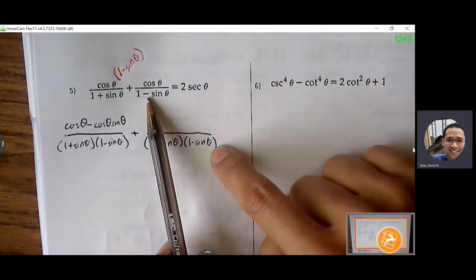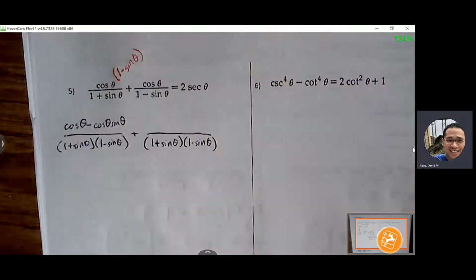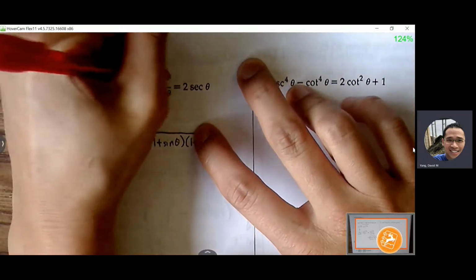This second fraction is missing a 1 plus sine theta. So I'll multiply this by 1 plus sine theta.